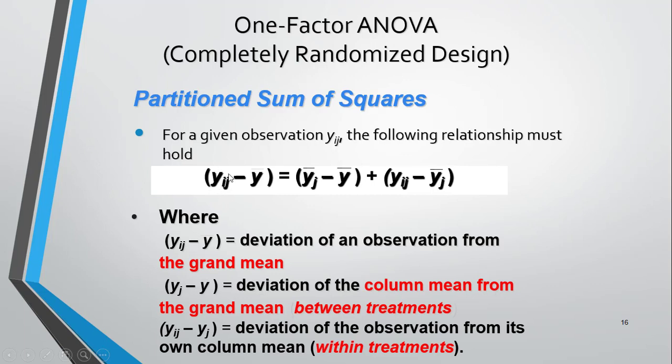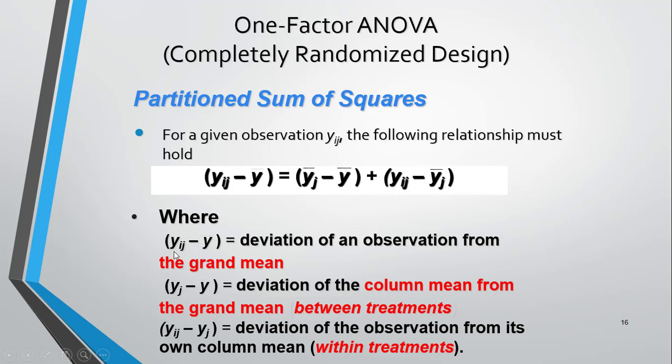So the difference between the individual observation and the overall mean can be rewritten as these two. Yj bar is the mean of j's column. If you open the parentheses, you can see this one and this one cancel each other, and what you have left is this minus that, which is the same as this. So this equation holds true.